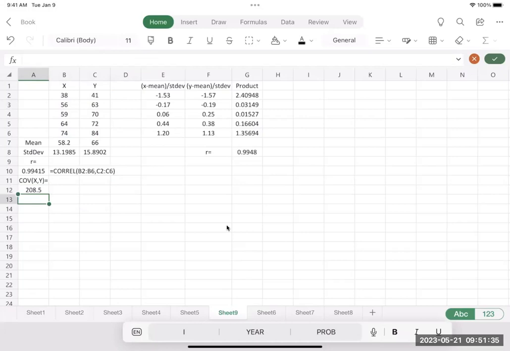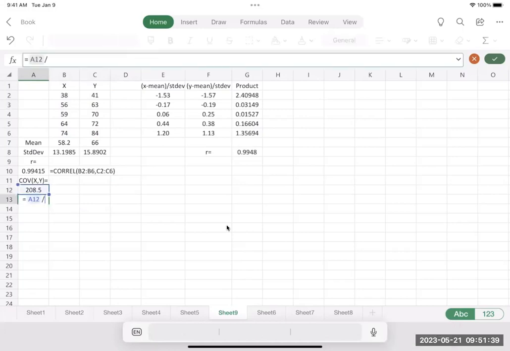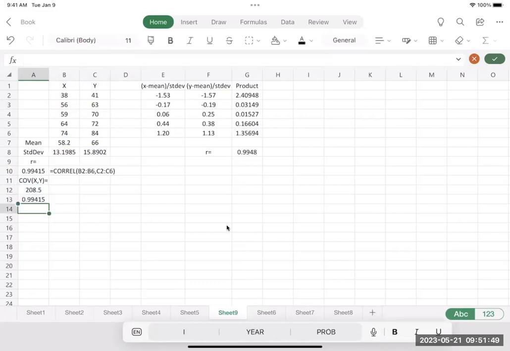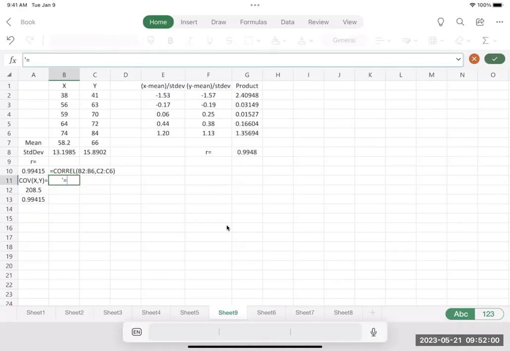So anyway, that's covariance sample. And then you take it and divide it by the two standard deviations multiplied. And there you get the number. So that should be the same. So covariance is equal to, I want to copy it.